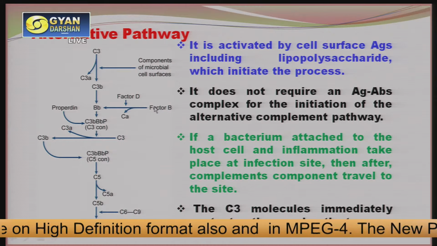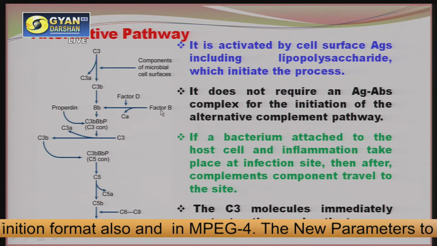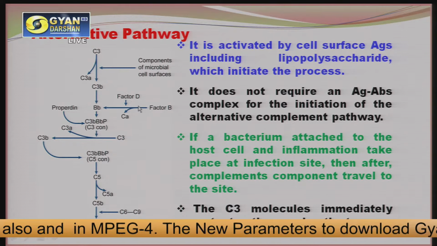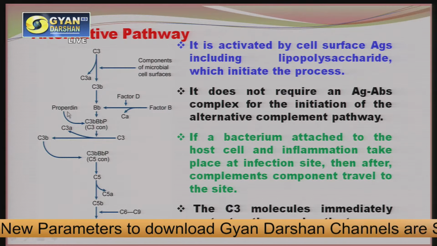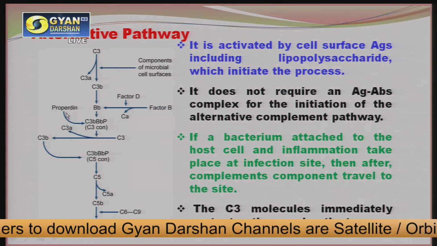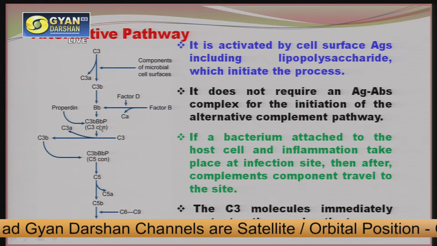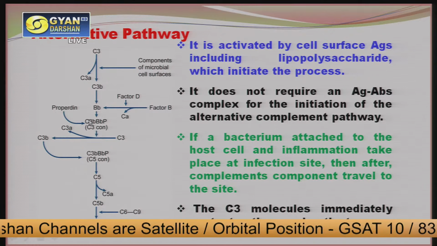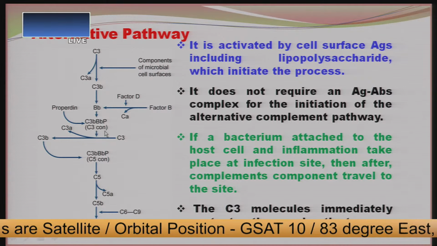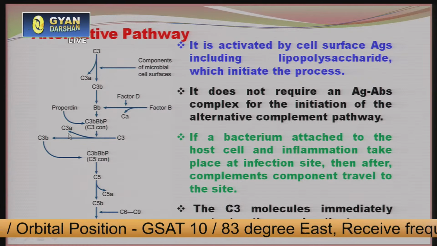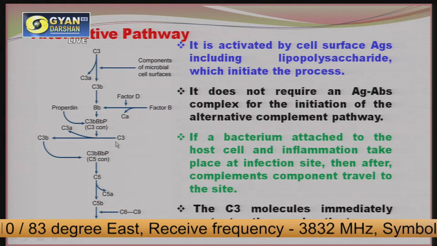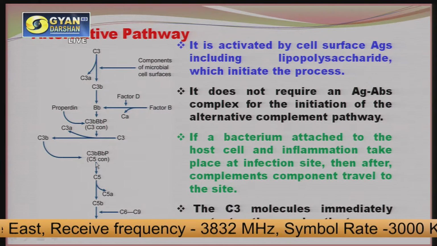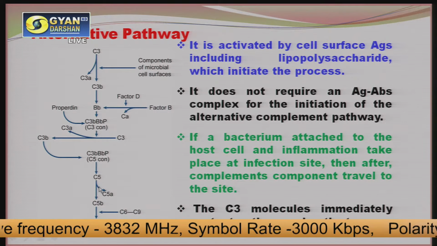Here are the different factors, like factor B, factor D, and properdin; the C3b and factor B bind together. They can form the C3 convertase. Again here is the C3b, and they can form the C5 convertase.